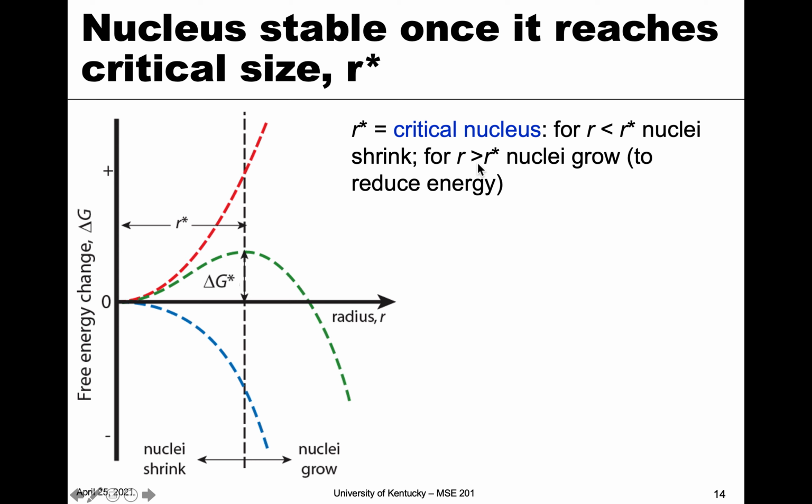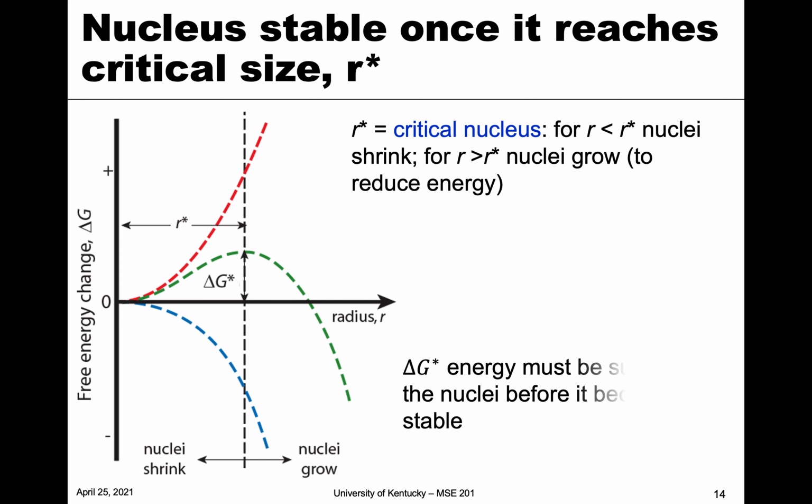However, when the radius equals that r star or greater, then the nuclei is said to be stable and it will continue to grow to reduce the free energy of the system. That's why we call this the critical nucleus, because that's where it becomes stable. Below that, it's also likely to go back to liquid. So we basically have to supply delta G star's worth of energy to the nuclei before it becomes stable. That's why we call it a critical value.